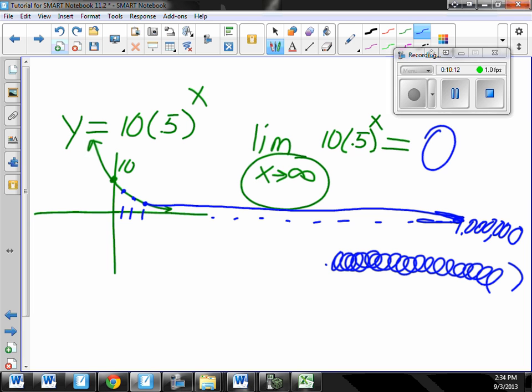Well, if I said everything accurate within an inch, would that be hard to do? No. If I said a half an inch, would that be hard to do? Probably not. What if I said 1/100th of an inch? Is it possible to get within 1/100th of an inch? Yes, but it would take more time. Okay? What about 1,000th of an inch? It would take a lot more time, but I could get there.